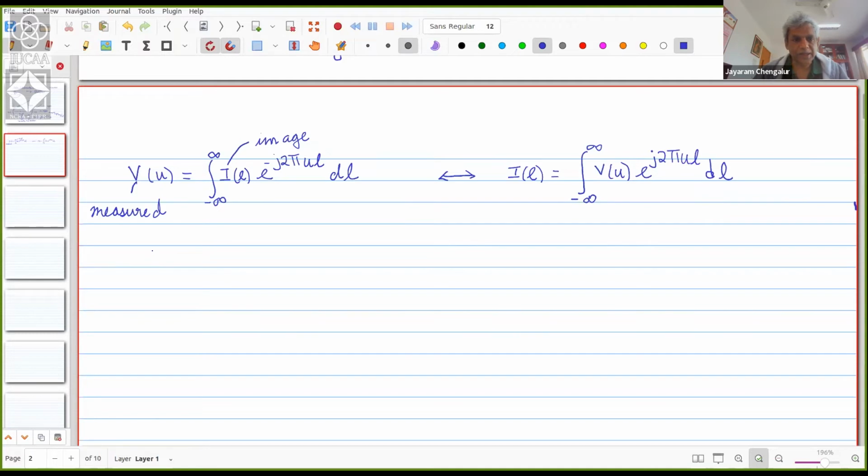And we did all of this basically in one dimension, but it's straightforward to extend it to 2 dimensions, in which case the relationship will be the following. It will be a double integral. But I'll probably not write the double integral all the time, I'll just write one.